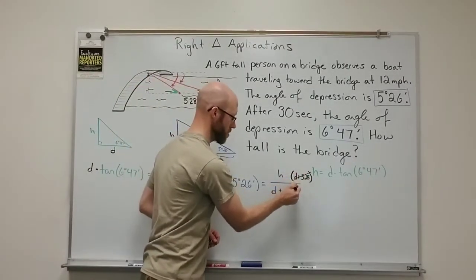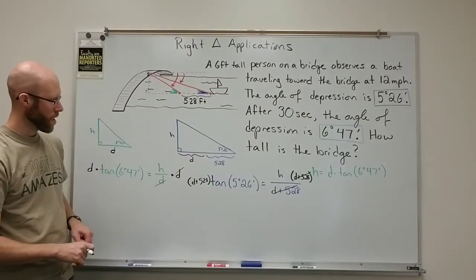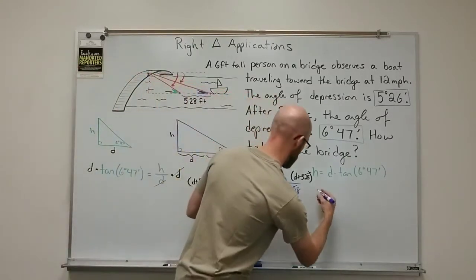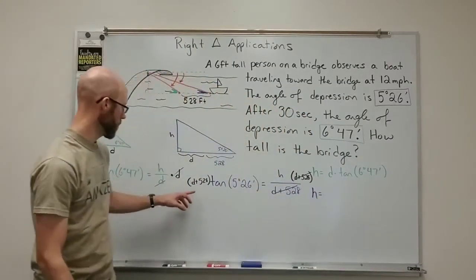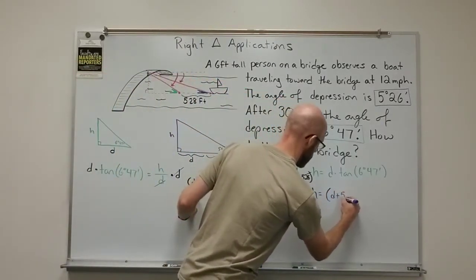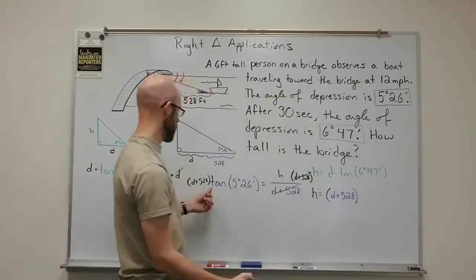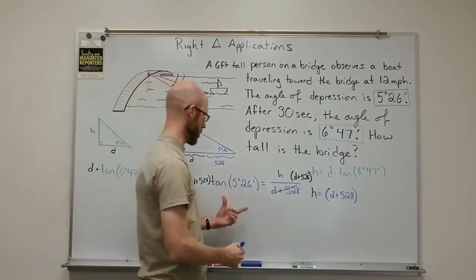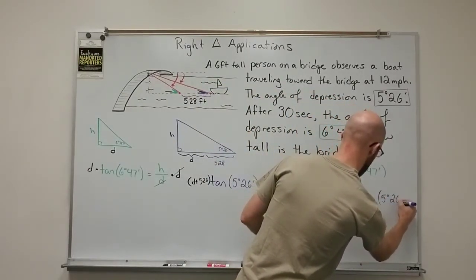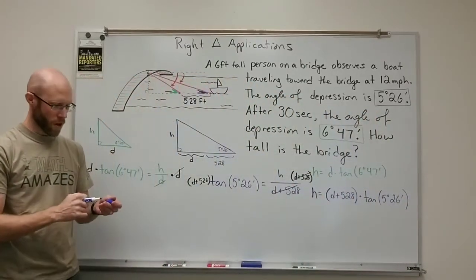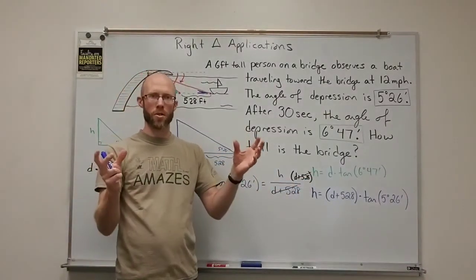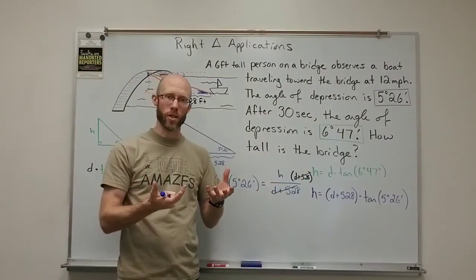Now it cancels on the right, and so I'm going to be left with the equation h equals d plus 528 times the tangent of 5 degrees 26 minutes. Okay, so now I have two equations. They each are solved for h. If two things are equal to h, then they must be equal to each other.